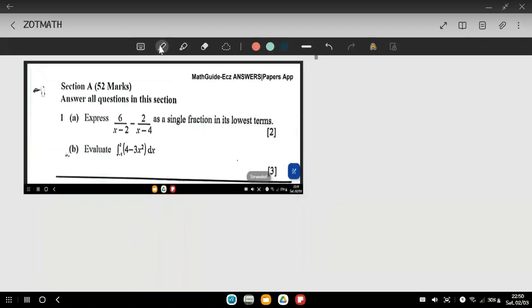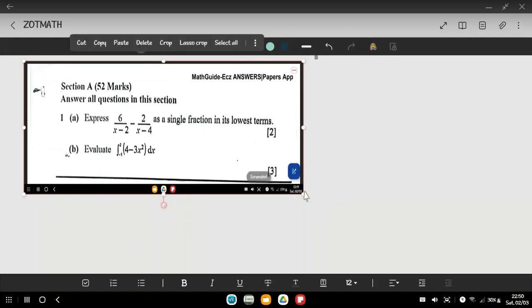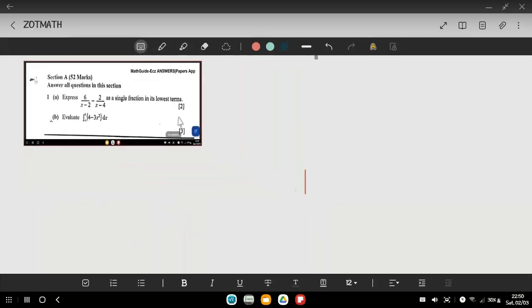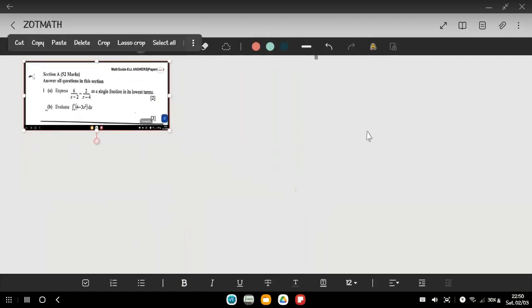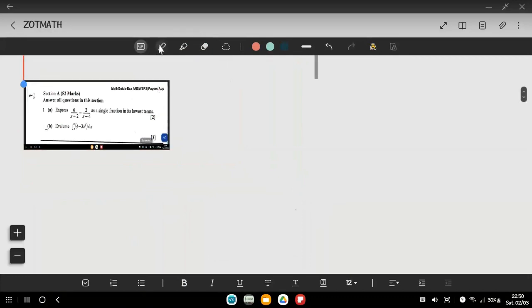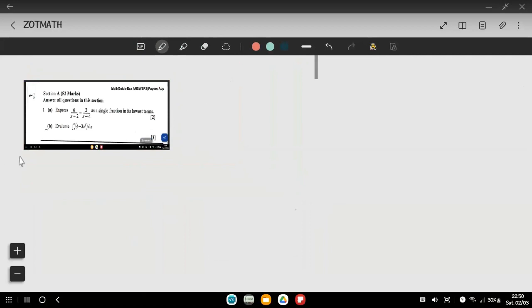Okay, so for us to evaluate this, let's first do this. We've read the question. We need to have enough solving space here. So what we are going to do is rewrite that question.